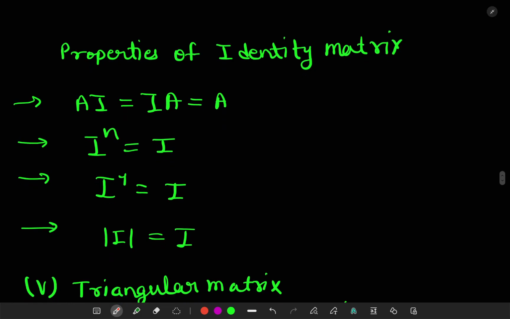Now property of identity matrix. If we multiply any matrix with the identity matrix, we get the same matrix. Similarly, if we multiply the identity matrix with any matrix, we get the same matrix.